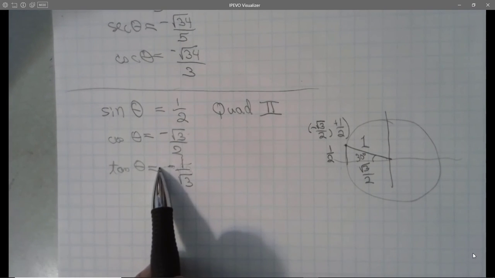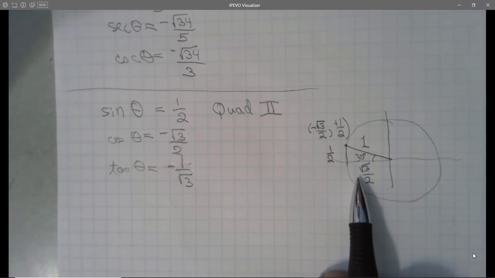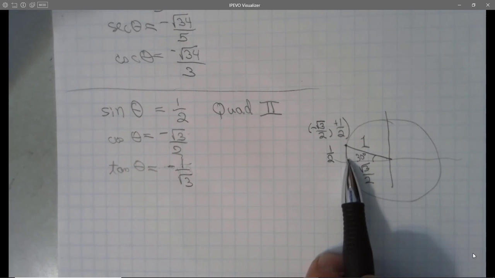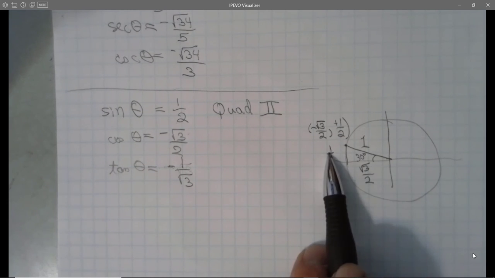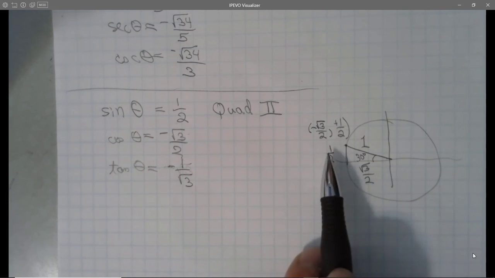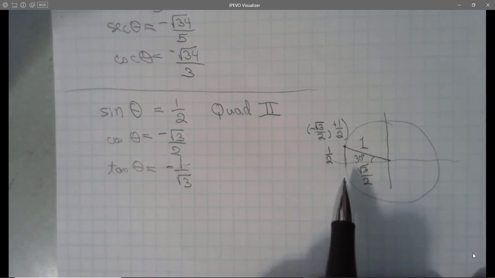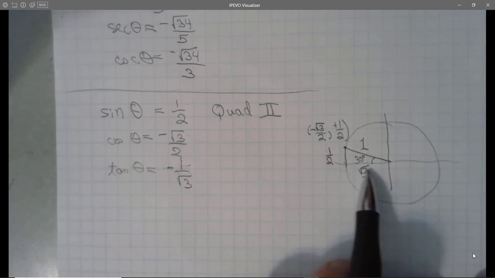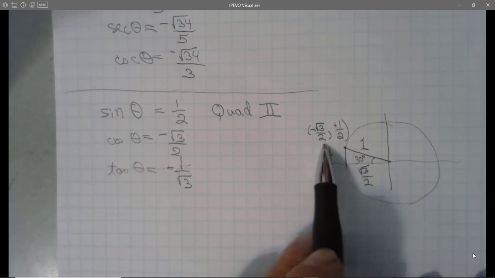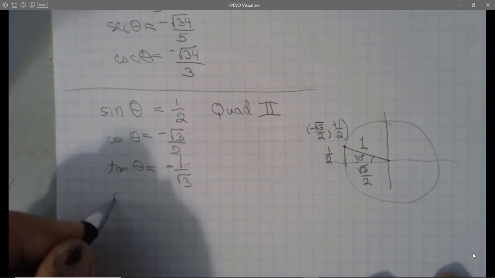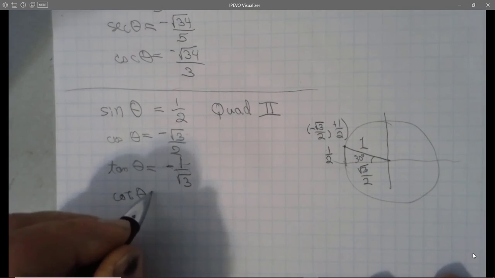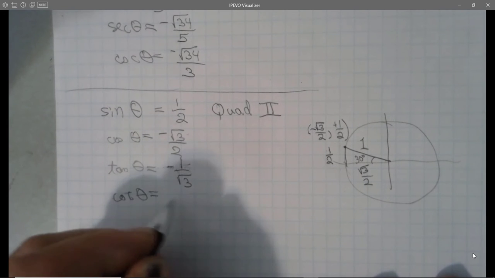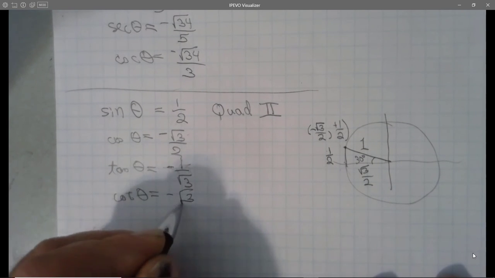Or you could get it this way. It's the opposite over the adjacent, so you'd have 1 over root 3, and negative because the x is negative and the y is positive. The cotangent of theta is the reciprocal of this, minus root 3.